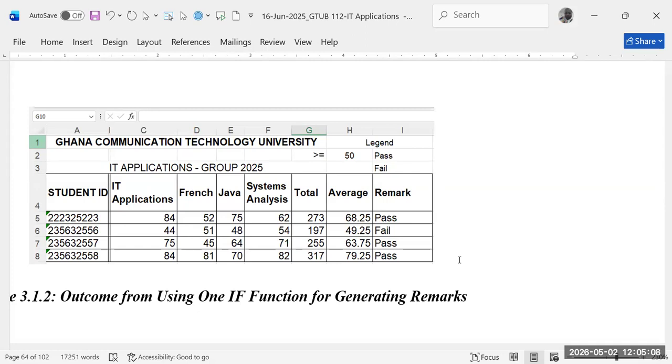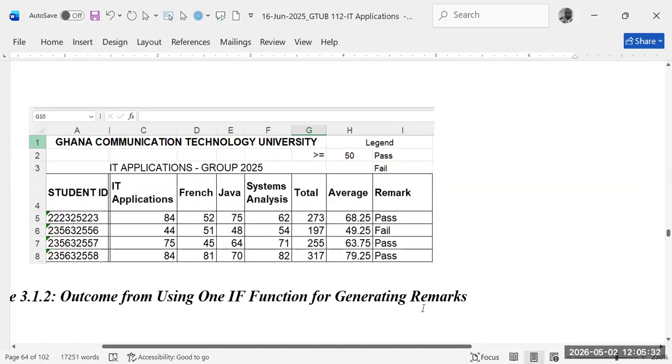Okay, class rep, answer us quickly. We have a few minutes to finish. Sir, please, is it H8? Yeah, this H8. This side is what I'm referring to. Have you seen H8? Yes, sir.